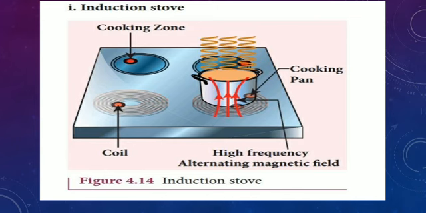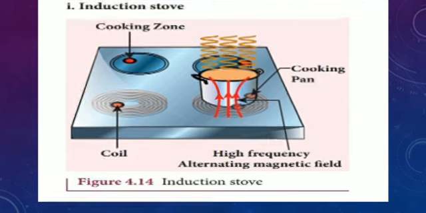Therefore, when the current flows through the circular coil, eddy current is produced, and due to that the cooking process takes place. That is the induction stove. On the backside of the induction stove, you will see the circular coil.